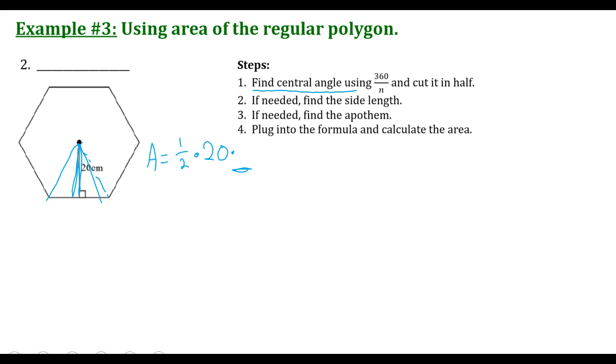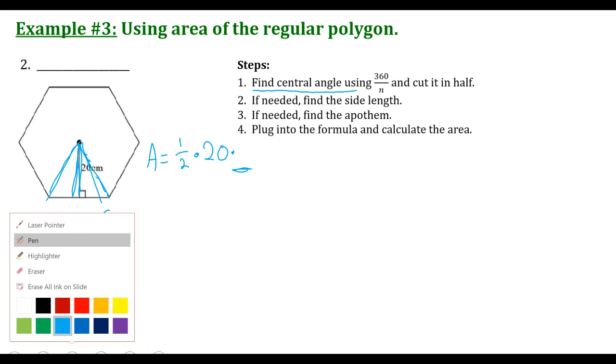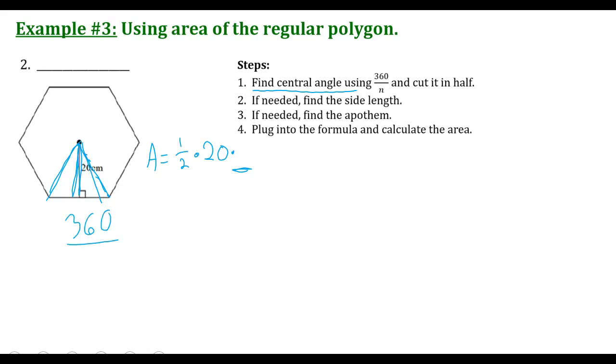The central angle is this right here. 360 divided by, how many sides does this shape have? Looks like it's 6: 1, 2, 3, 4, 5, 6. Great. That's 60. Cut it in half, that's 30.